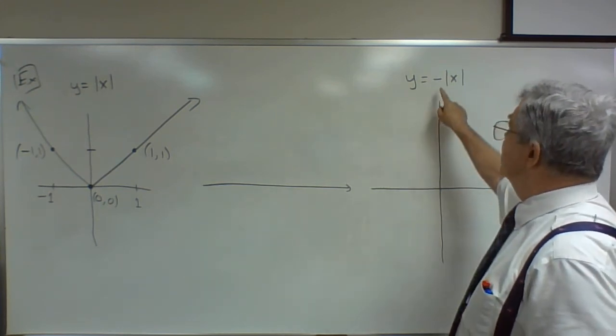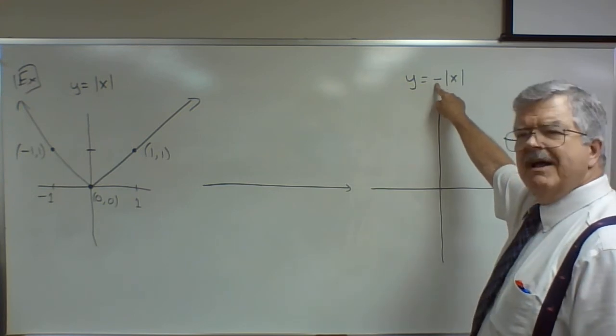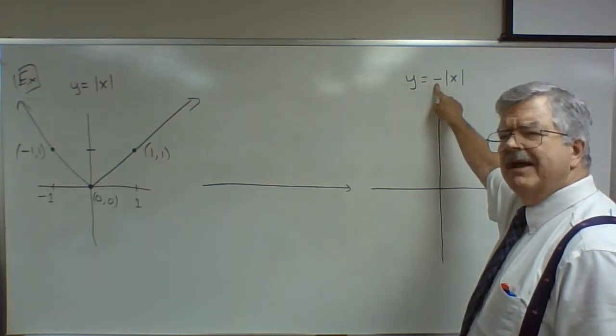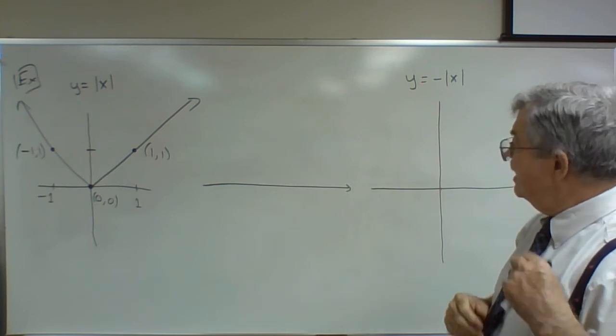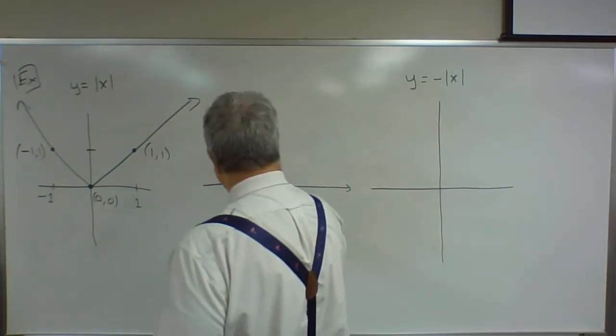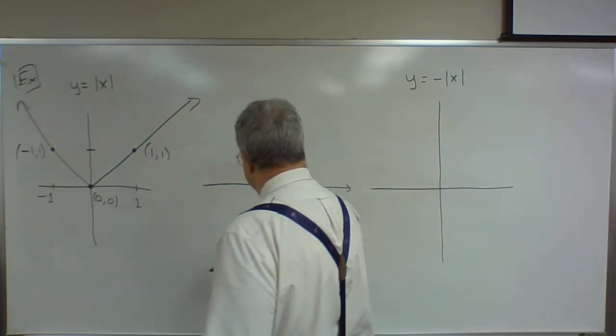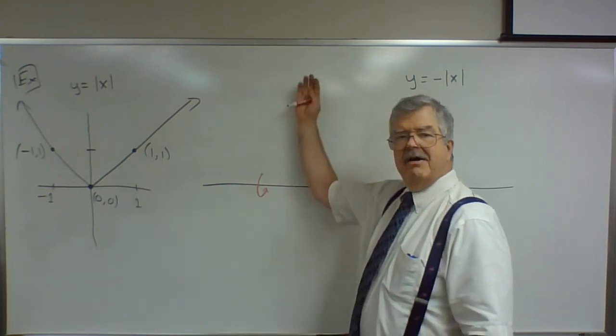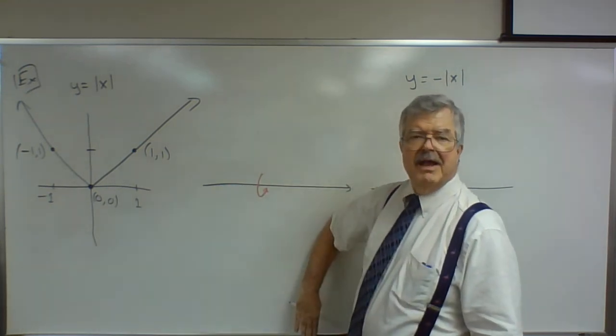Well, we multiply the y value, absolute value of x, by -1. And I think we know by now that that's going to revolve the function about the x-axis.